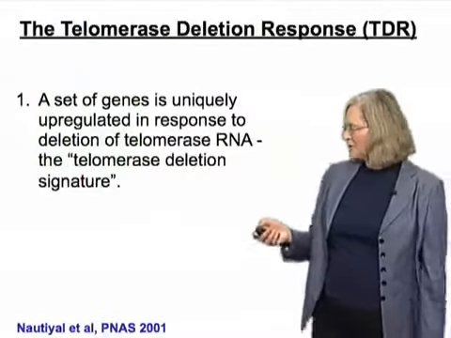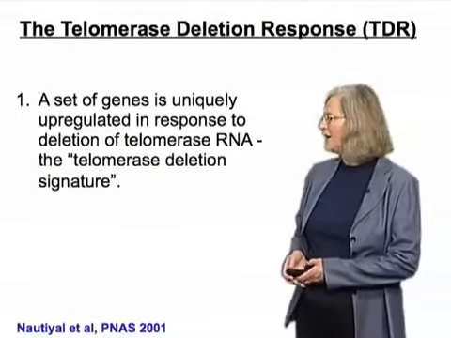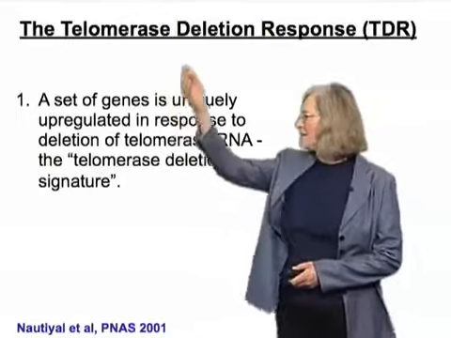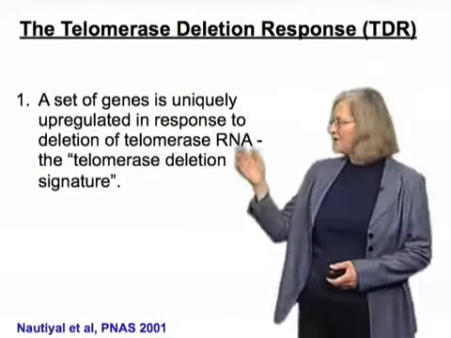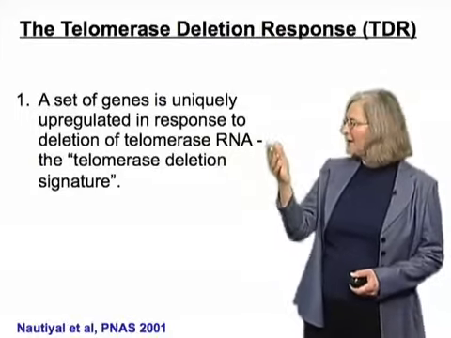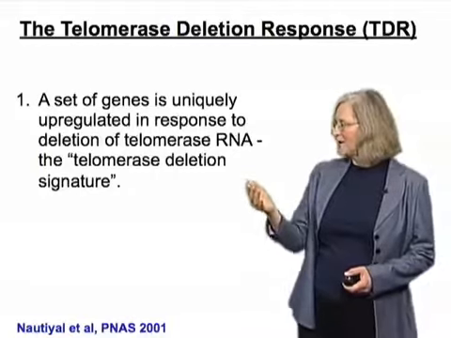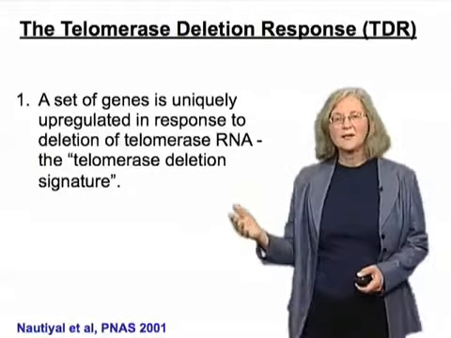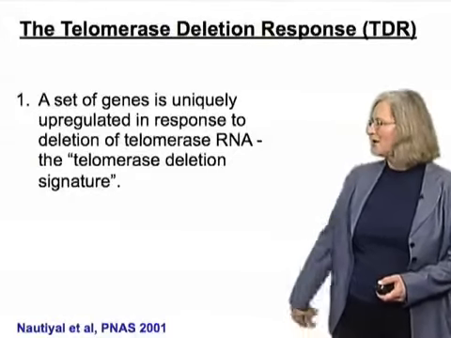So what we found was that, in fact, this pattern we observed was unique, and we gave it a name, the telomerase deletion response, the TDR. Now, we found a set of genes uniquely upregulated in response to the deletion of telomerase RNA, and we call that the telomerase deletion signature. It was a particular group that behaved as a group only when you deleted the telomerase RNA.